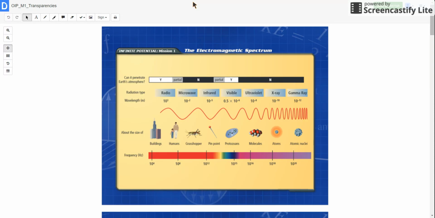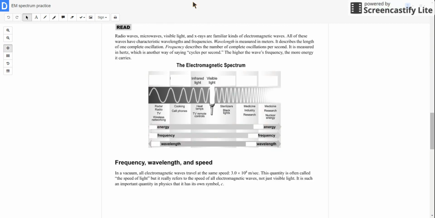When it comes to the short answer questions on the test, one of them is going to cover the electromagnetic spectrum. This is in your book, so you'll need to resource that. And remember that you also have a worksheet that we did in class where you filled out the spectrum.